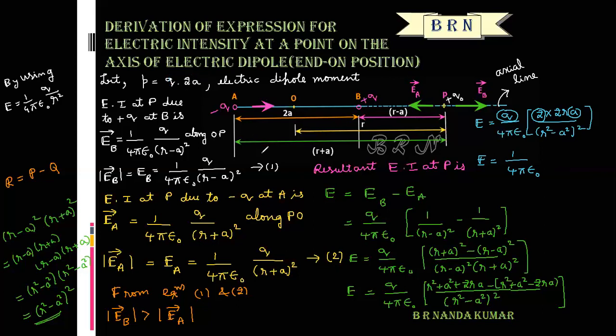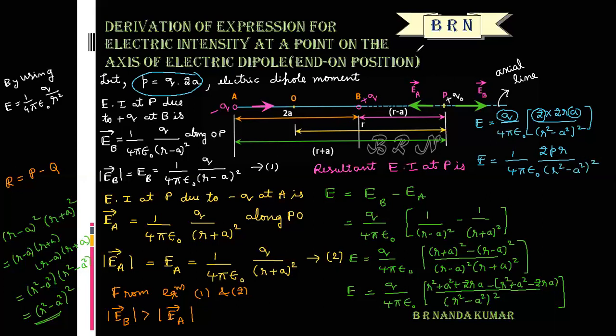Electric dipole moment. P is equal to Q into 2a. That is 2pr. P is Q into 2a. So divided by (r square minus a square) whole square.